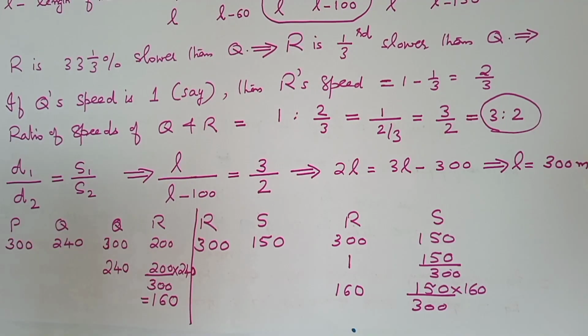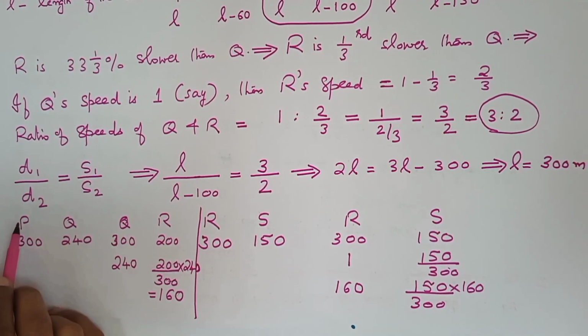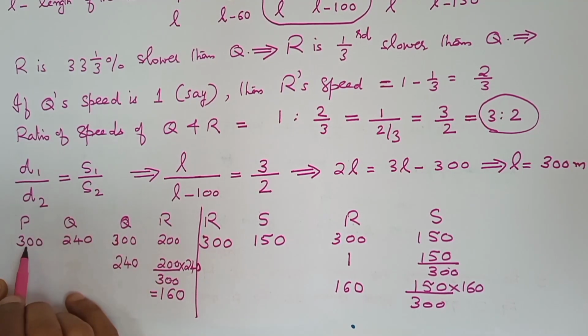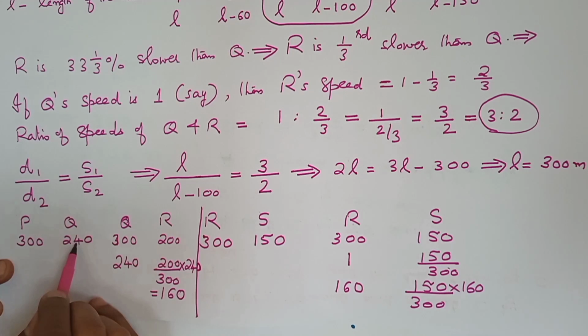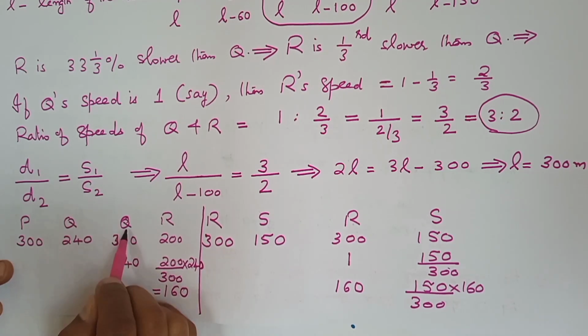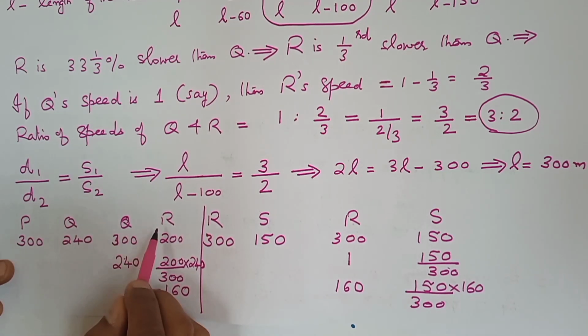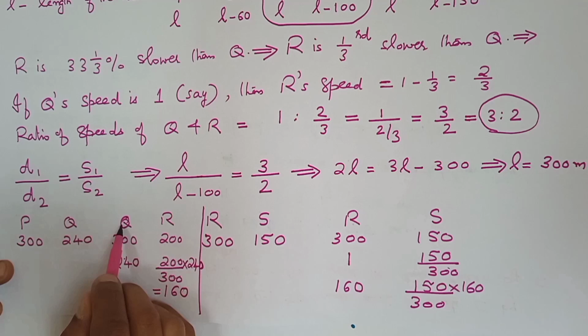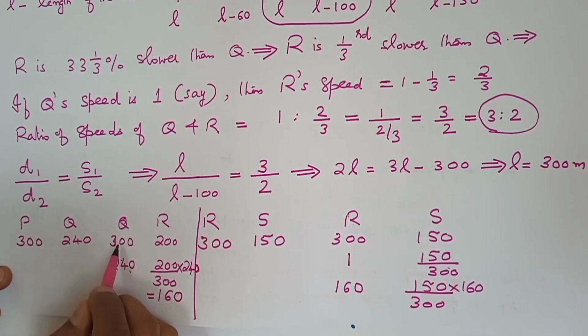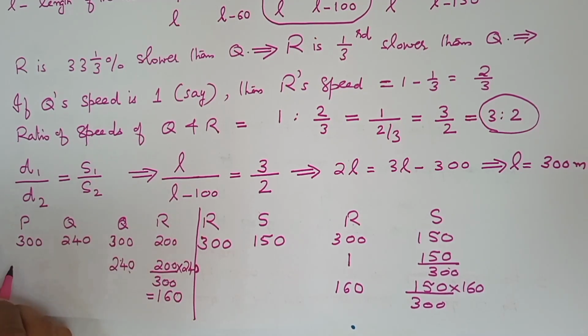Now look at this. We can find out the relationship between P and R using this. Here P covers 300, Q covers 240. Whereas here Q has a value of 300. So try to bring 240 here. I mean, how much distance will R cover when Q covers 240, so that these two will be equal. To find it out, see, I'll write it again.